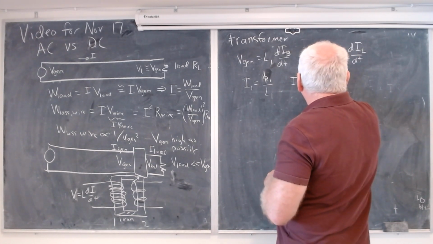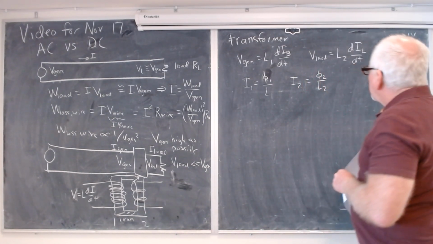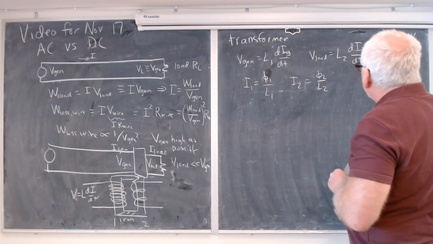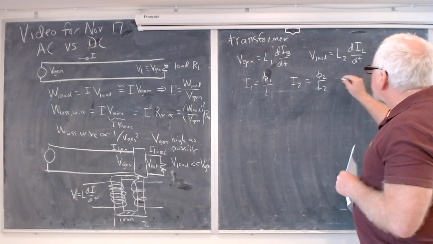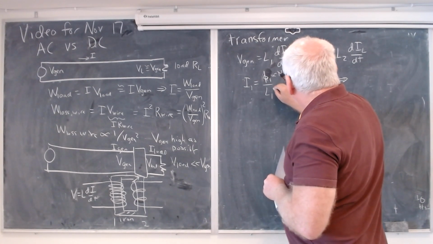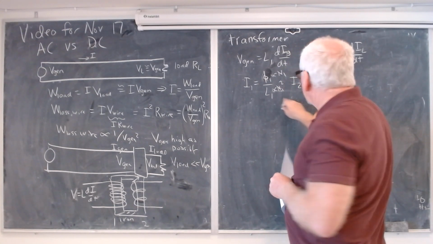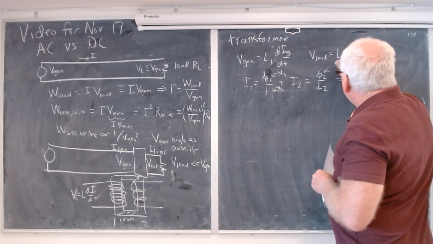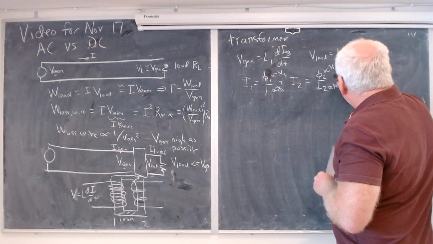I2 is equal to V2 over L2, all right? And what this means, because L1 is proportional to N1 squared, right? We found that. Same thing here. L2 is proportional to N2 squared.